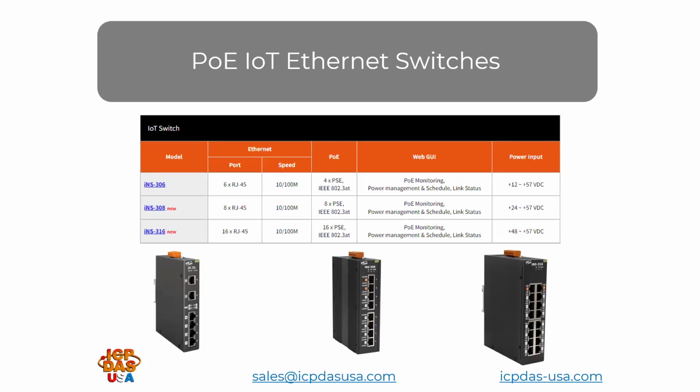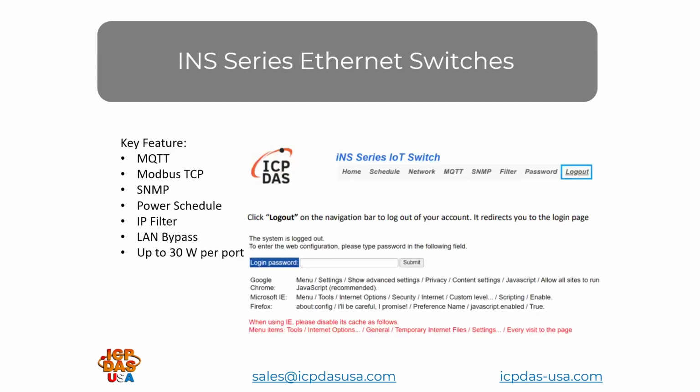The switches provide a web GUI, which is essentially a web page where you can configure and manage the PoE power and PoE switch. It provides the ability to schedule within this one. I'll show you in the next page. Okay, this is just a screenshot of the web interface.